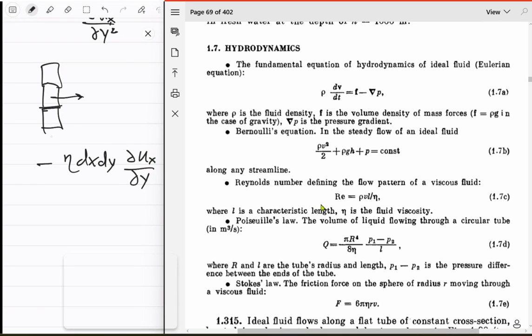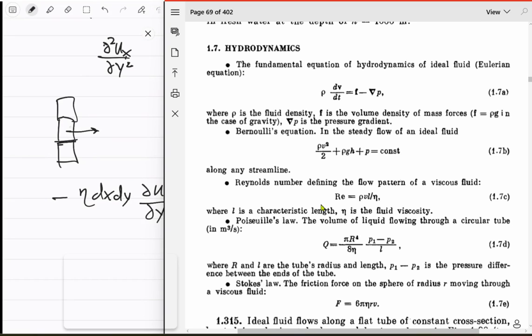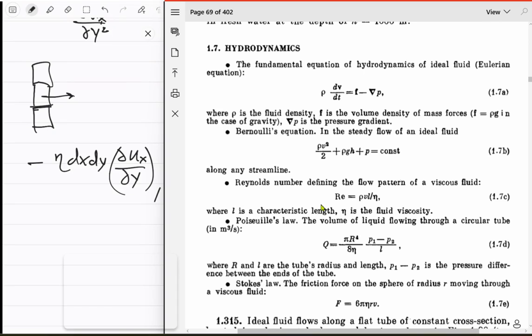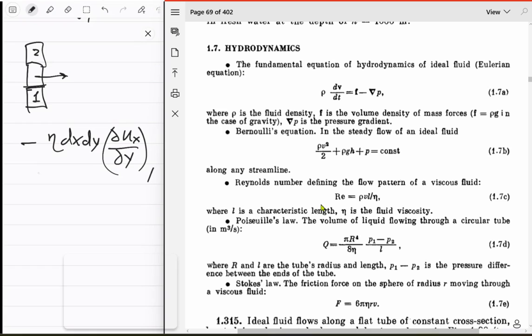By this. And similarly, the force put on this by this, so let's just say it's one, that is representing the force put by one on this middle block, and then the force put on the middle block by two will be eta dx dy partial ux upon partial y at 2, right?